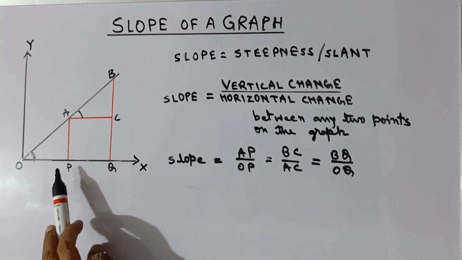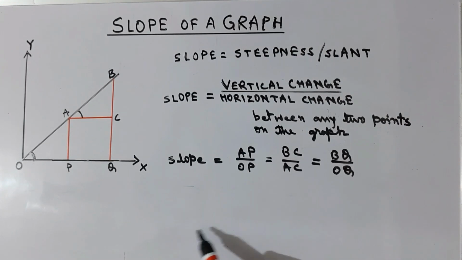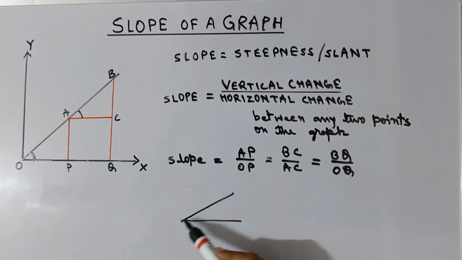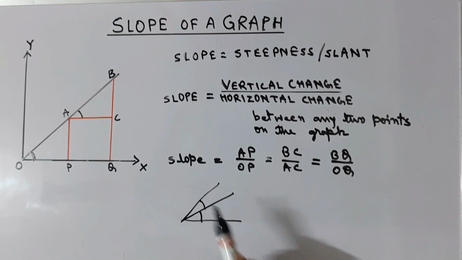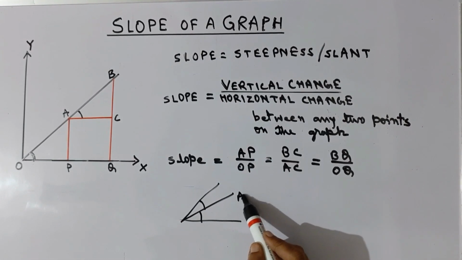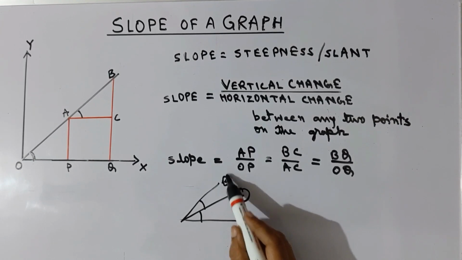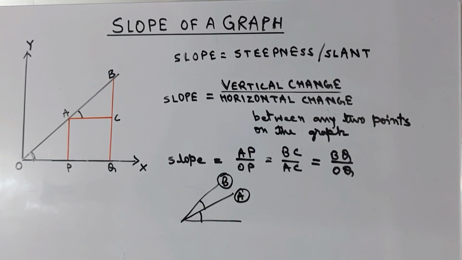Actually, the slope depends on the angle. So suppose we have 2 graphs making different angles with the x-axis, say graph A and graph B. Which one has a greater slope? Obviously, graph B has the greater slope because it makes a greater angle with the x-axis.